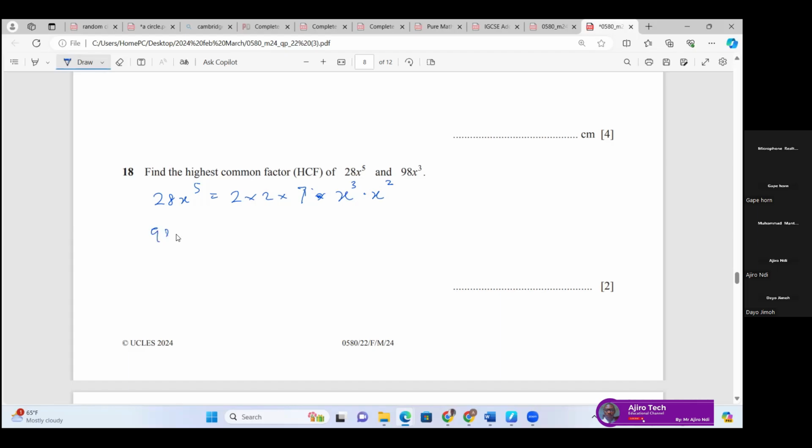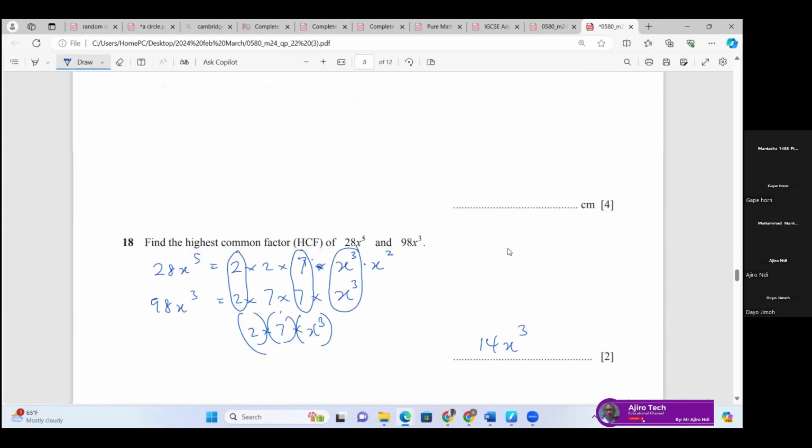Then 98x raised to the power 3. 2 can divide just once, that is 49. Then 7 can divide, then 7 can divide. Then x raised to the power 3. Now, this is common, this is common, and this is common. So 2 times 7 times x cubed. I have 14x to the power 3. That will be the solution to that.